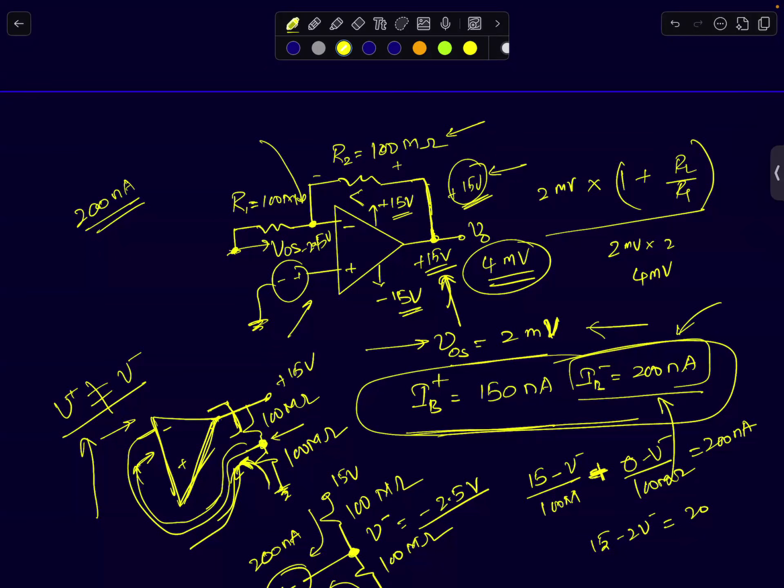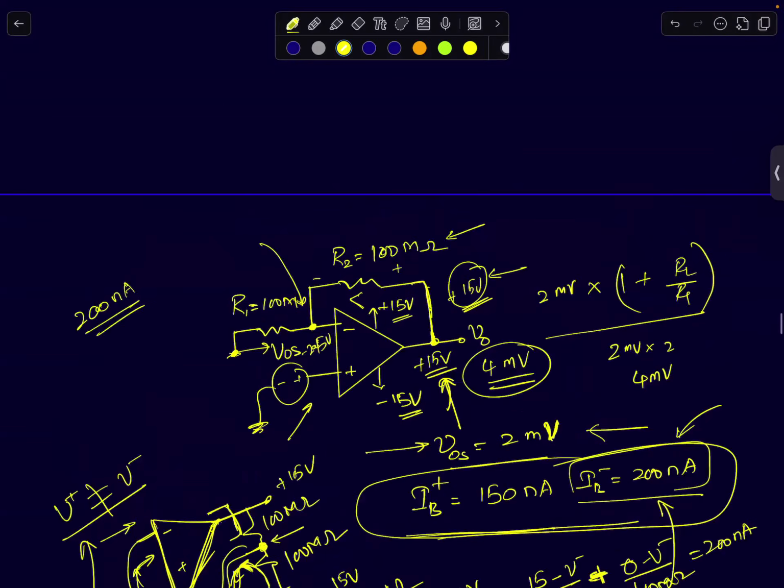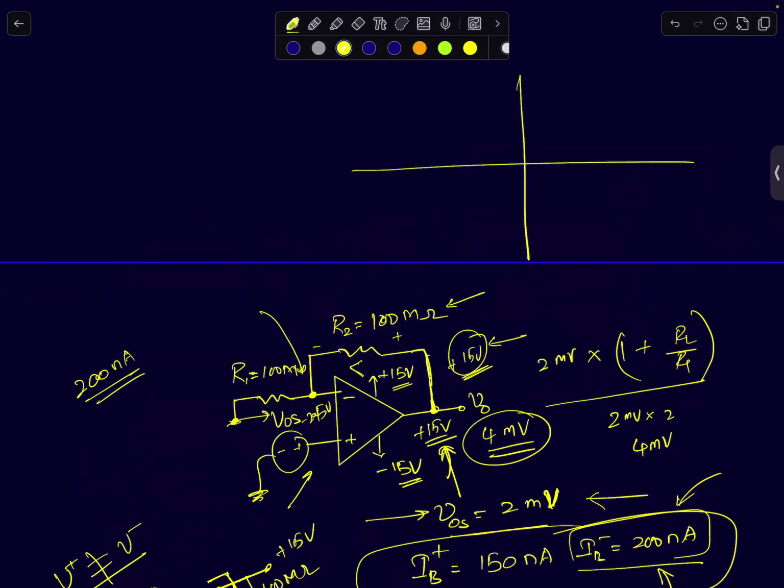And the op-amp will no longer be in the linear region. If you look at the op-amp's characteristics, it looks something like this. There is an offset here. The output will be at plus 15 volts, but your V minus is at minus 2.5. So I can say V plus minus V minus is plus 2.5 volts. So you will be at this operating point.